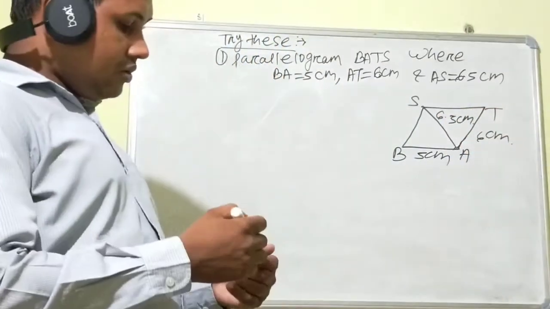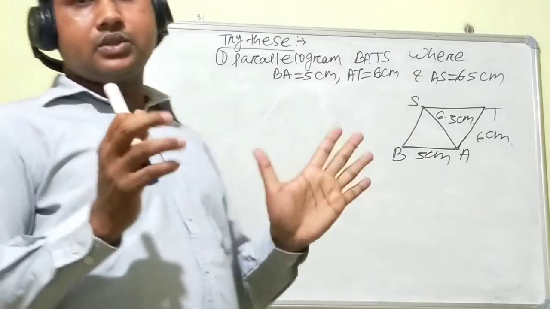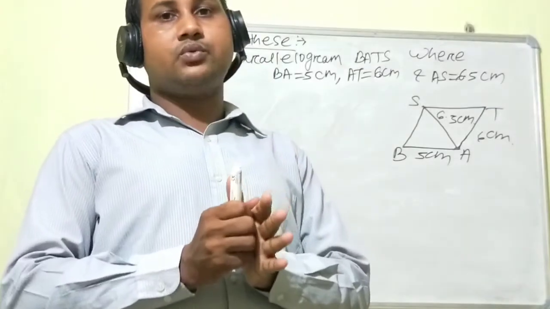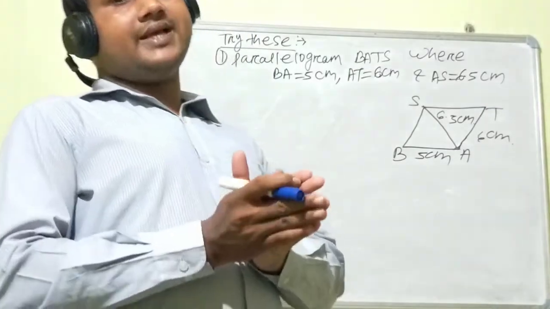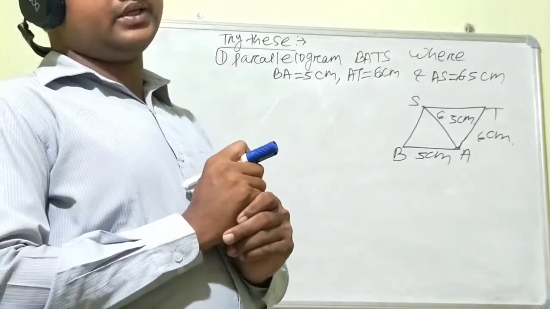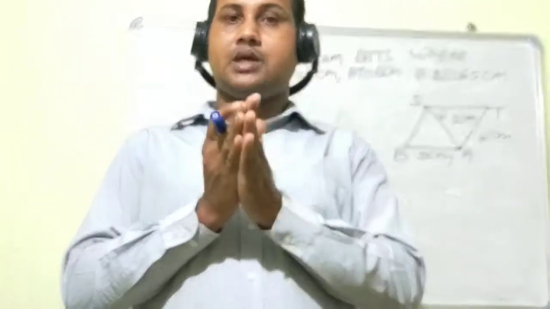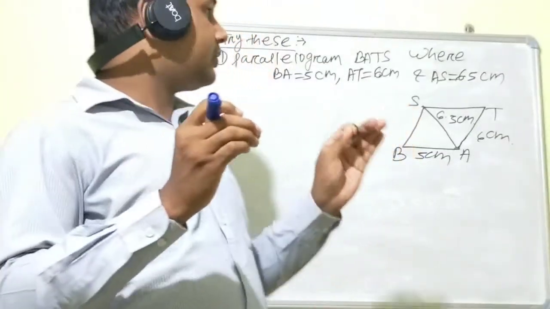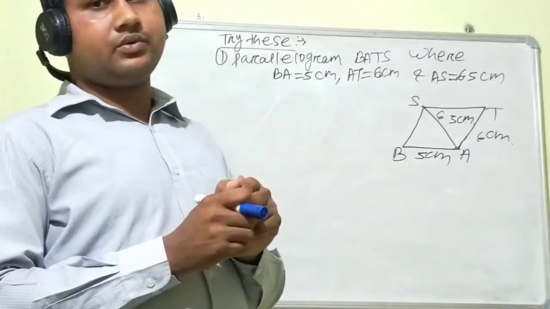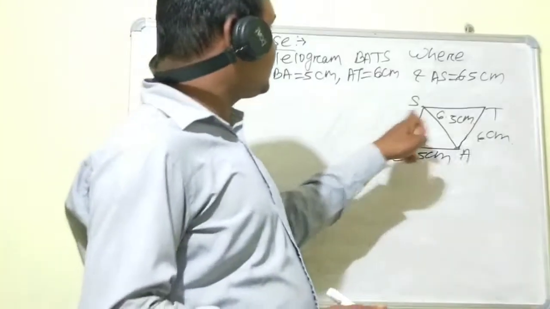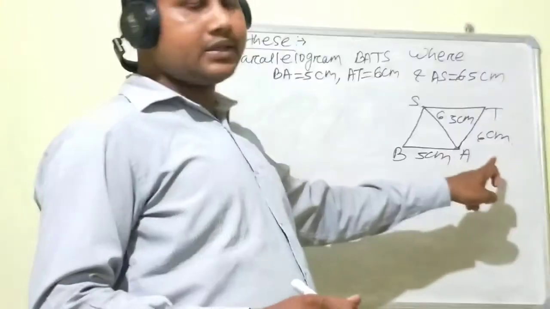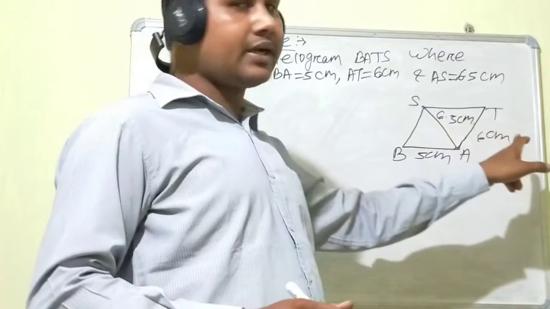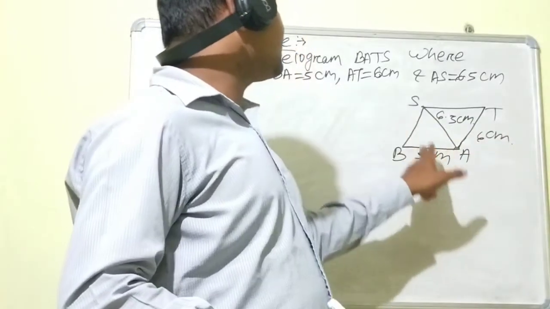Clear? So according to process number 1, 4 sides and 1 diagonal are required. And the fifth process we had also written is for when special properties are given. This also includes special properties, because in a parallelogram we know opposite sides are equal.